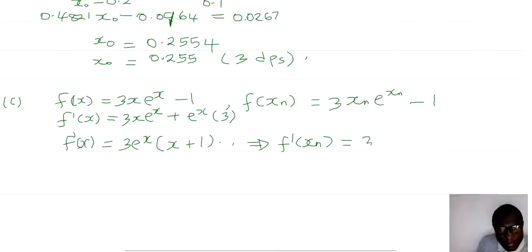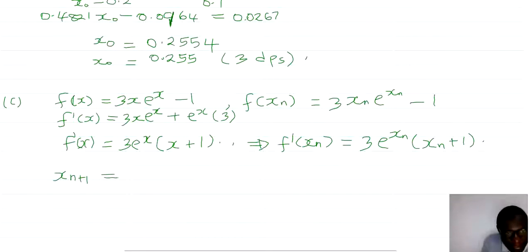So we shall have 3 exponential xn into bracket xn plus 1. Then let's bring our beautiful formula for Newton-Raphson's method. Xn plus 1, this being subscript, is equal to xn minus f of xn divided by f derivative xn.